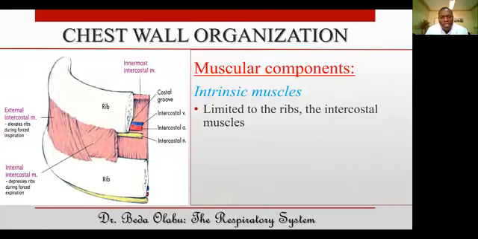So you have three layers of intercostal muscles. They come from one rib to another, and that is why we call them intrinsic, because they come from one rib to another rib. Also, they're called intercostal muscles because they're between ribs. External intercostal, internal intercostal, and innermost intercostal.